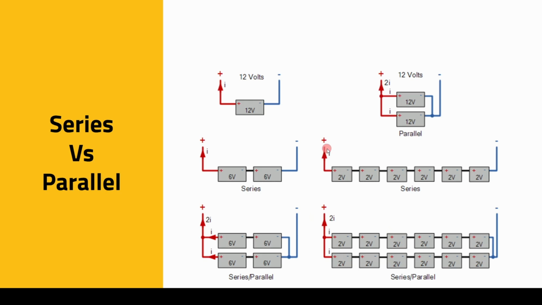So in this case, if the current is I, if you add another parallel arm, you get twice the current, for example. So that's another look at voltage, current, and how it affects a series and a parallel connection. Remember, the basis for all of these things is always Ohm's law.